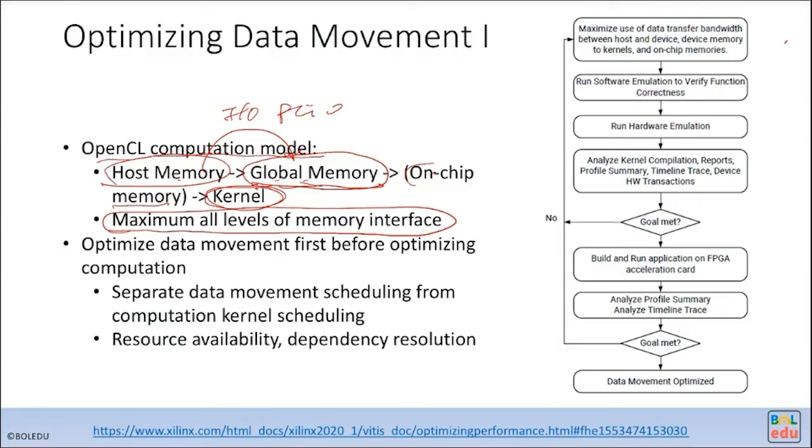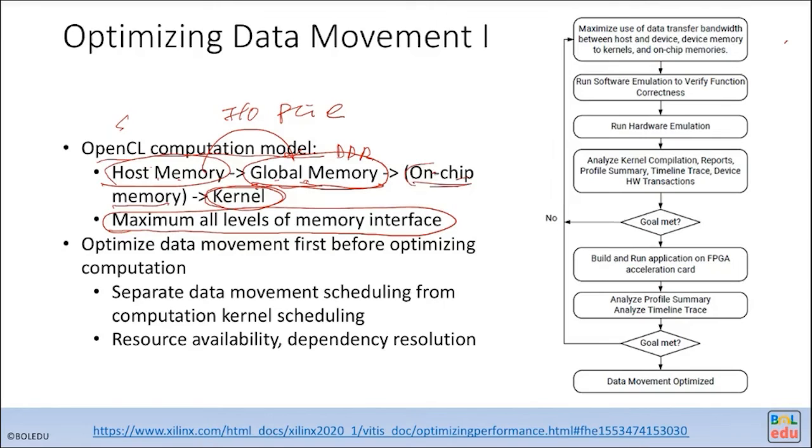Keep in mind that when you want to optimize data movement, you have to maximize all levels of the memory interface. When you evaluate the performance, do look at each of the memories: that's the system memory, and that's the DDR memory on the FPGA.